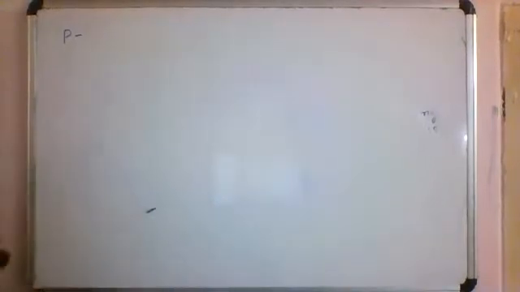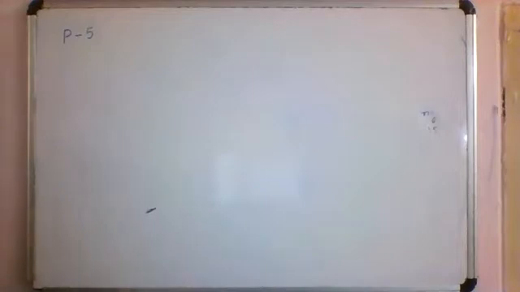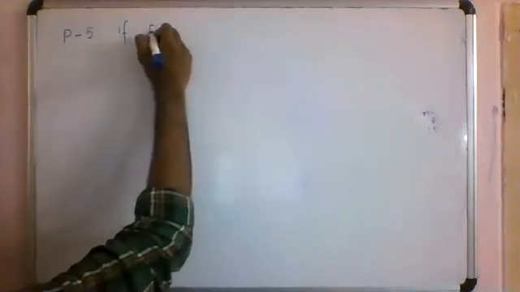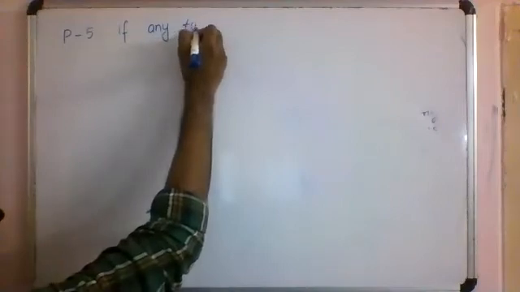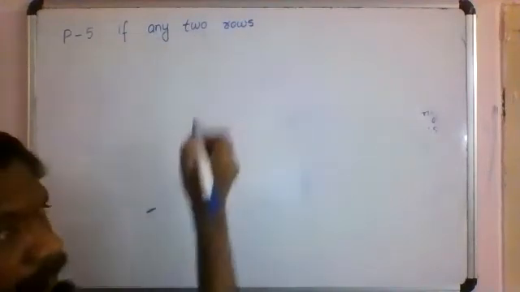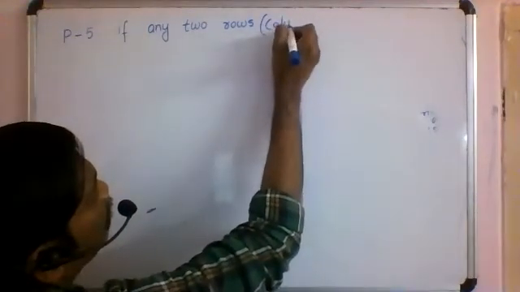The next property, property 5. If any two rows, whenever I say rows, it indicates columns also.